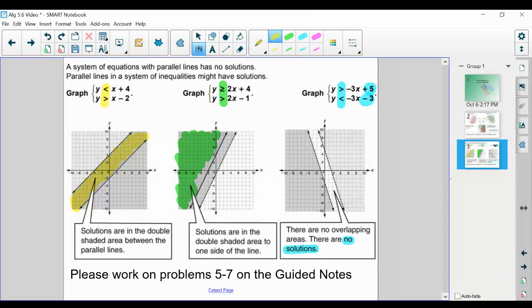Compare that to the first set of linear inequalities. Looking at those y-intercepts, we have a +4. So we're saying y is less than 4 and y is greater than -2. Can you think of a y value that's smaller than 4 but bigger than -2? Yeah, 0, 1, 2, 3, 3.5. Right?